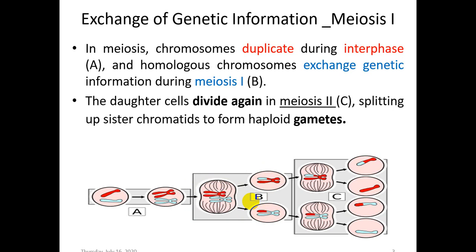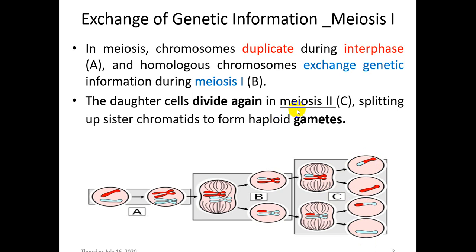The daughter cells divide again. This daughter cell and this daughter cell, they will divide again. Here is the first division, and the daughters will divide. So the one becomes four cells, and here is the reduction. You see, reduction of the number. These are gametes or ova.